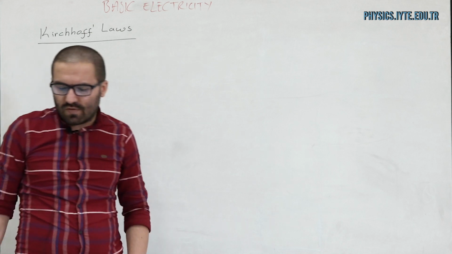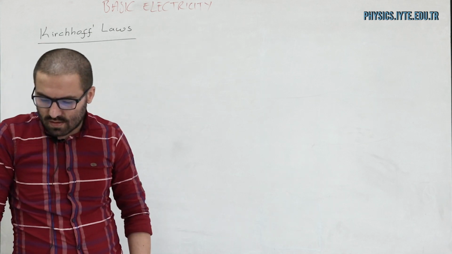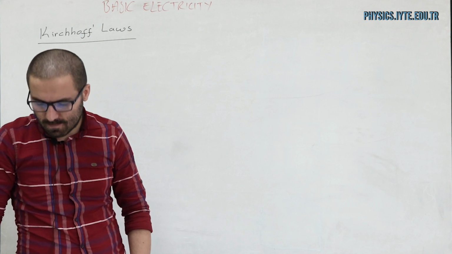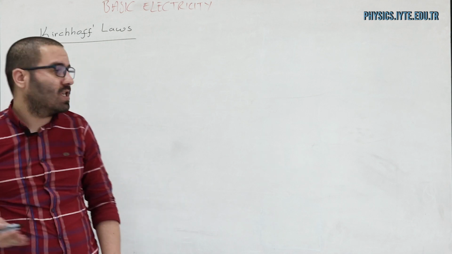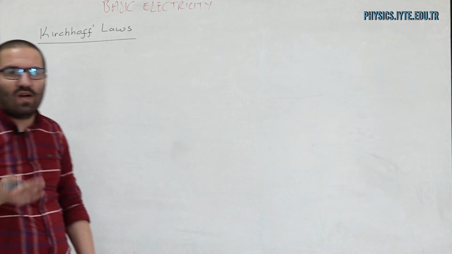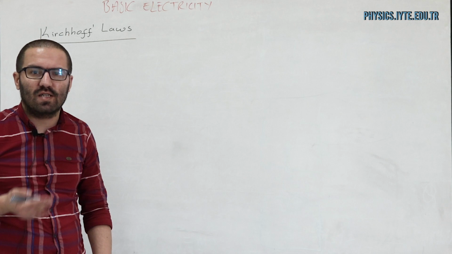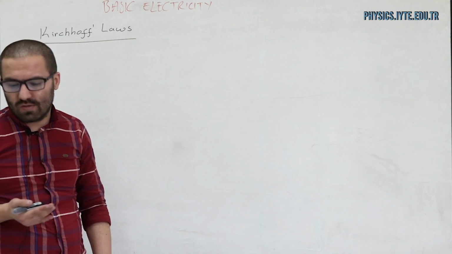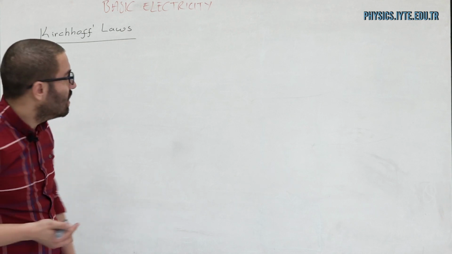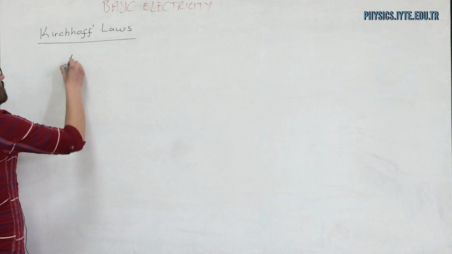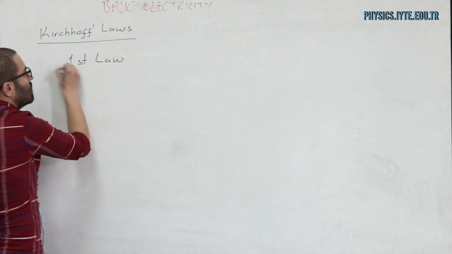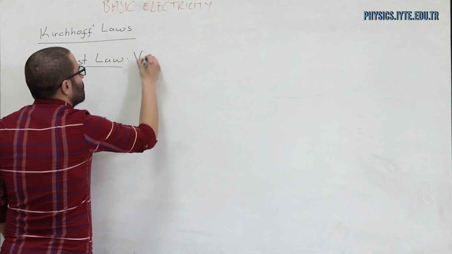In the next part of the experiment, we are going to try and analyze Kirchhoff's laws. Now, for some circuits that are complicated, we cannot find the equivalent resistance in the circuit easily. Therefore, in order to analyze the circuit, we have to apply Kirchhoff's laws. There are two laws. The first one is called the voltage law.